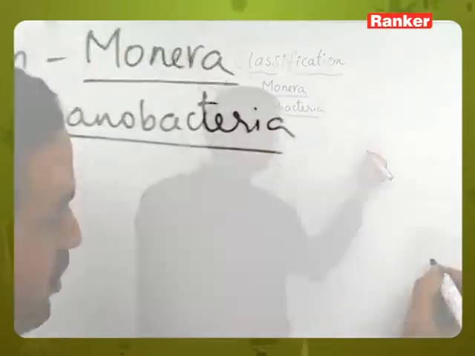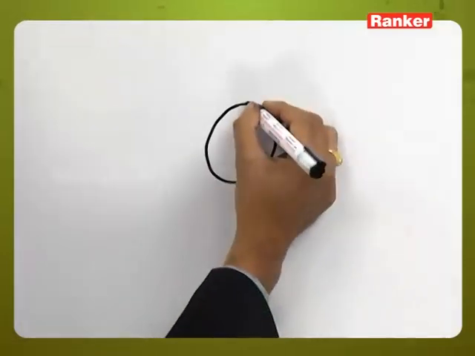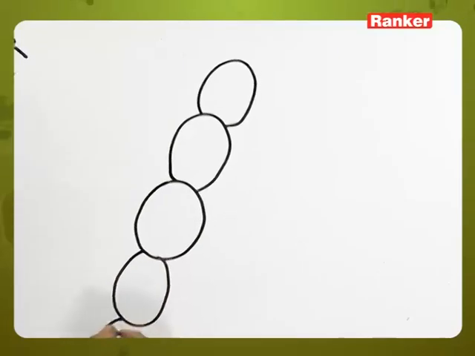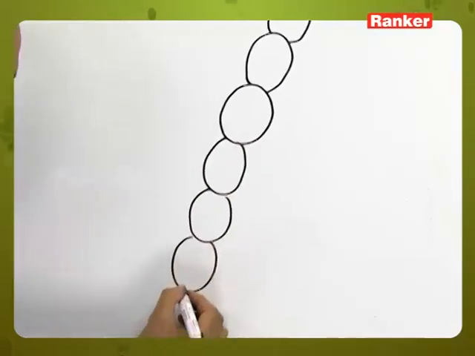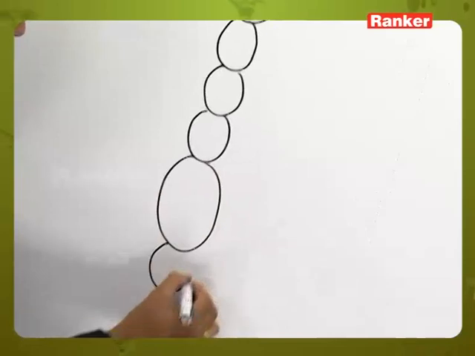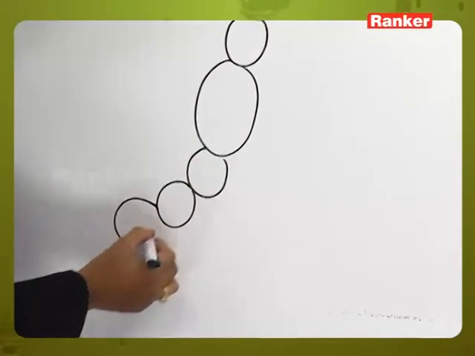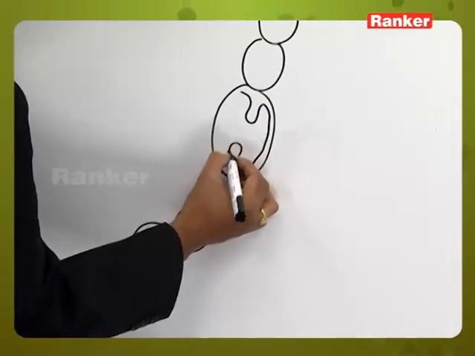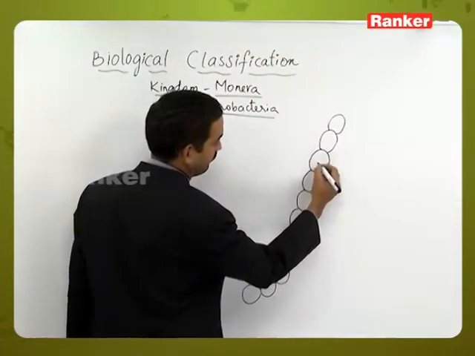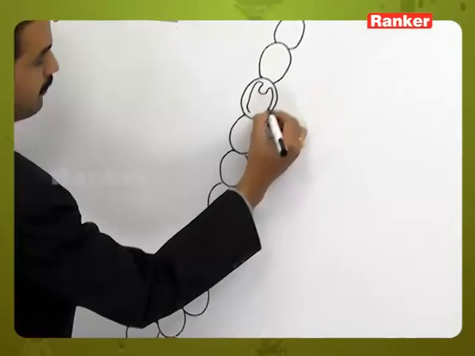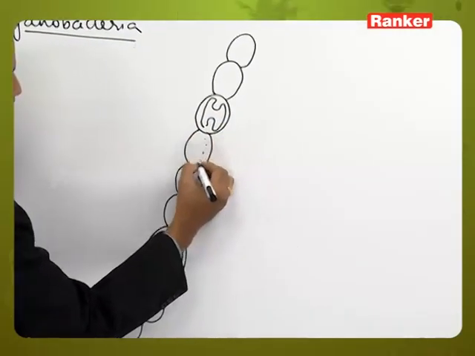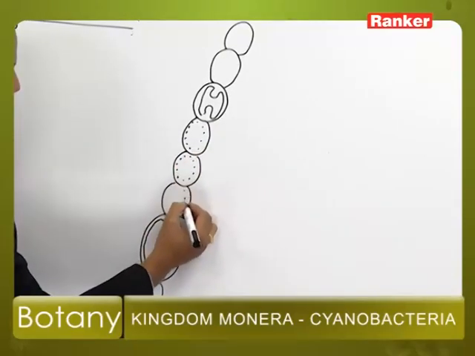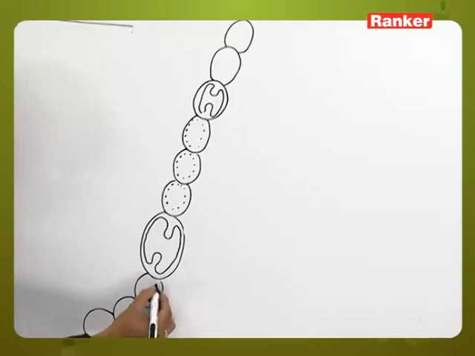In cyanobacteria, if you see the filamentous structure, this is a cellular structure, the filament. Here and there we can see some large sized structures. These large sized cells are called heterocysts. And in the normal cells, the peripheral part will contain the pigments.